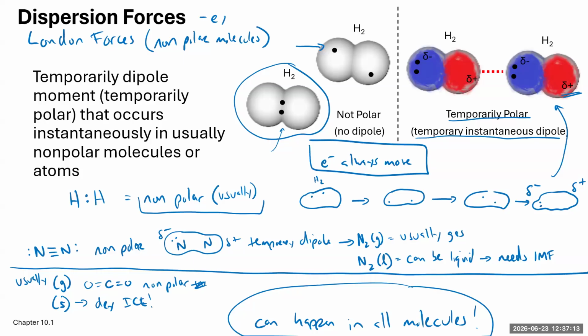Because it's being held together by something, we know there are intermolecular forces there. And the ones specifically for usually nonpolar molecules are going to be dispersion forces because of these temporary dipoles. Again, they're very unstable, so it just takes very little energy to break those apart.